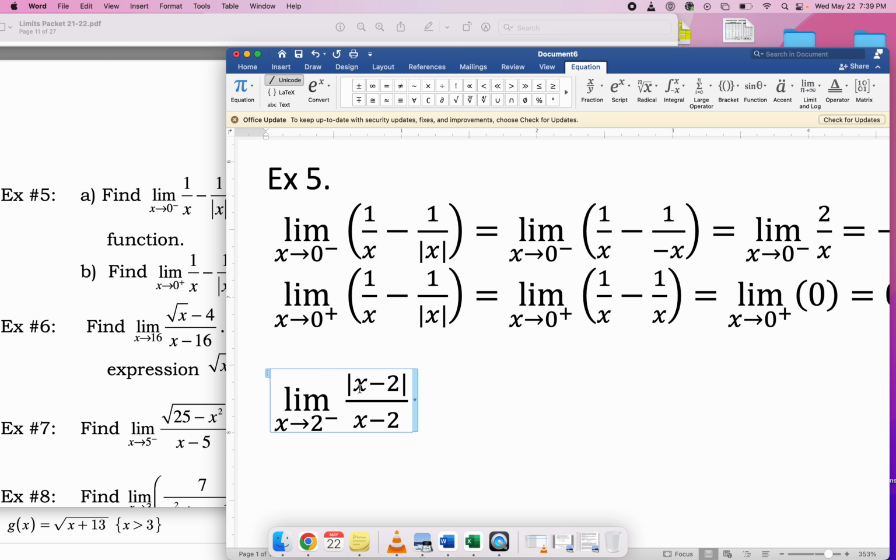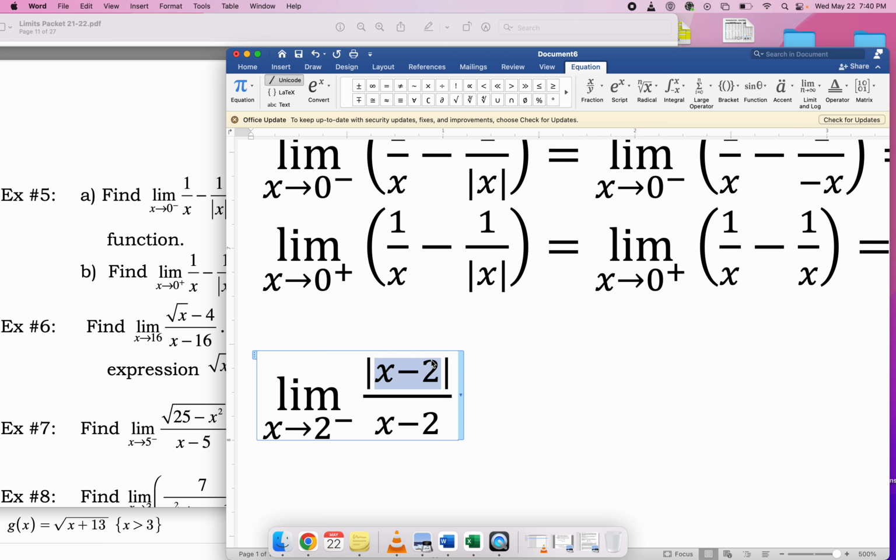What matters is whether the input to the absolute value function is positive or negative. Okay, the entire input. The input to the absolute value function here, the number that's being plugged into the absolute value function, is not x. It's x minus 2. And so the relevant question is not whether x is positive or negative. It's whether this entire expression, x minus 2, is positive or negative.